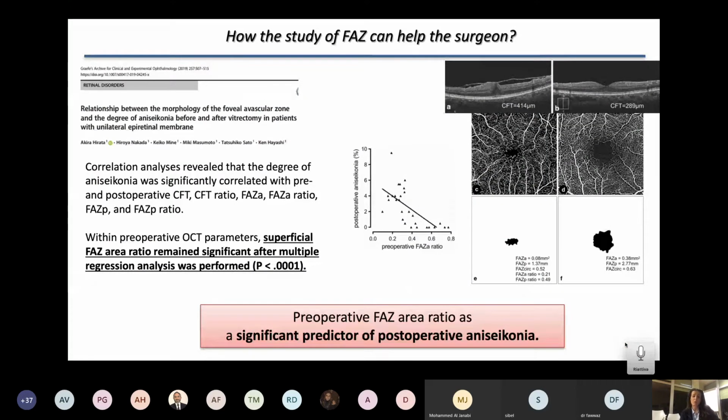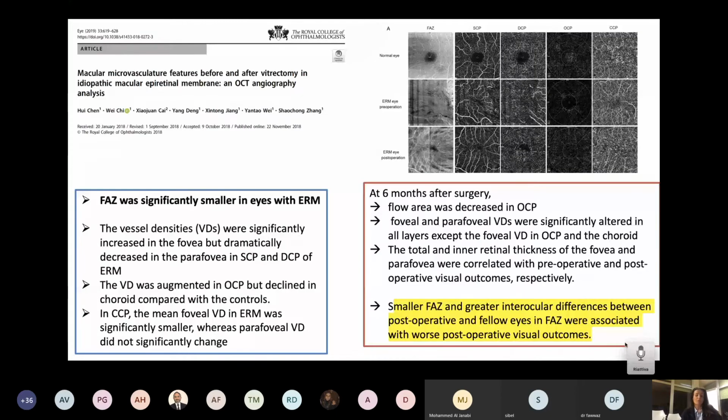Other authors proposed the preoperative phase area ratio as a significant predictor of postoperative metamorphopsia. And so many authors evaluated the phase morphology in epiretinal macular membrane patients and the vascular density before and after surgery.